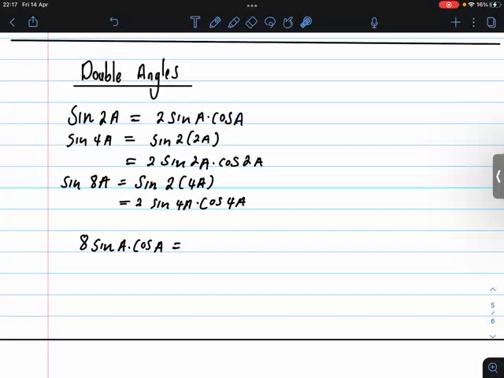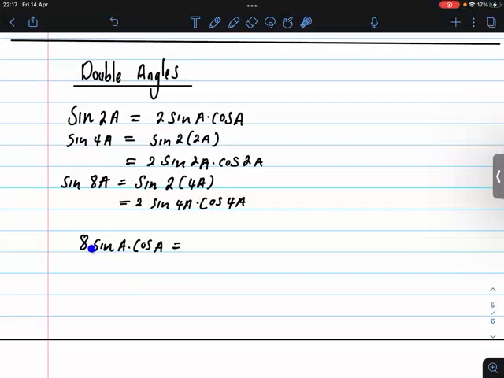So in this case, it's 8 sine A cos A. You want to use this as a reference to simplify this. What you want to see is 2 sine A cos A, but here you have 8 sine A cos A. So how do you do this?